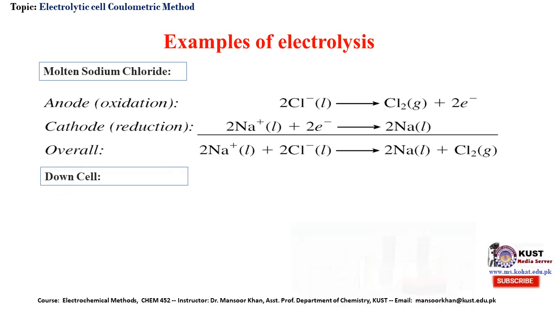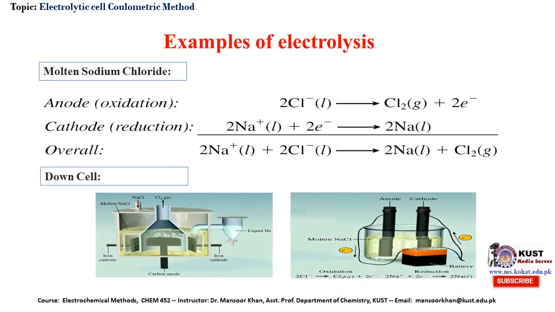Downs cell is also an example of electrolysis of molten sodium chloride. The cell in which the electrolysis of molten sodium chloride takes place is called the Downs cell, and images of both commercial and laboratory cells are given below.